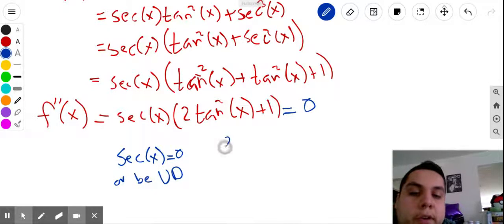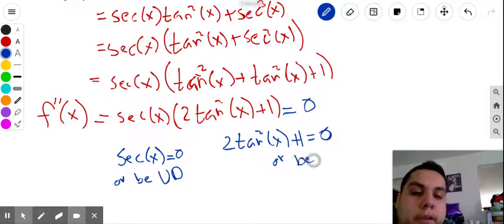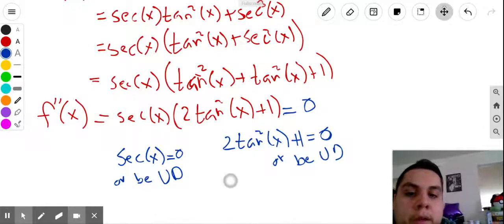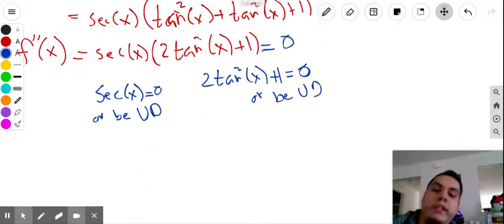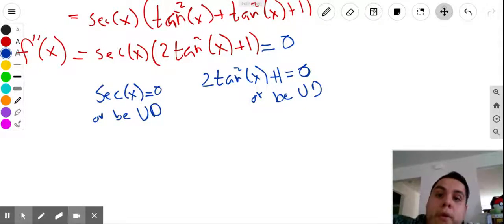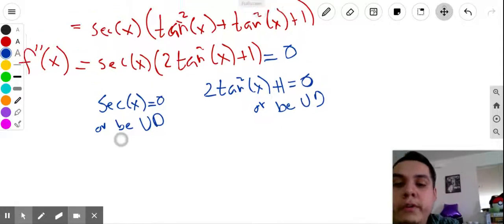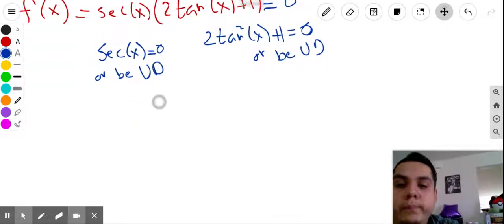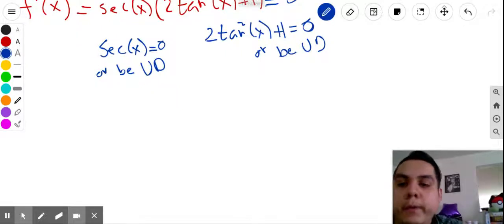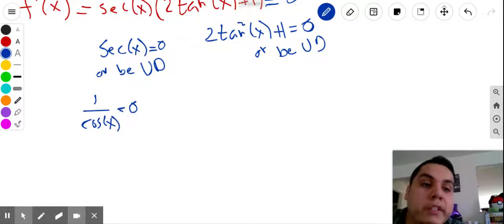Now I want to figure out where 2 tangent squared of x plus 1 would equal 0 or be undefined. All right. Well, secant of x never equals 0 because it's a reciprocal identity. So if I think about it as 1 over cosine, I'm trying to figure out where 1 over cosine of x would equal 0. Never happens because it's 1 divided by a number.